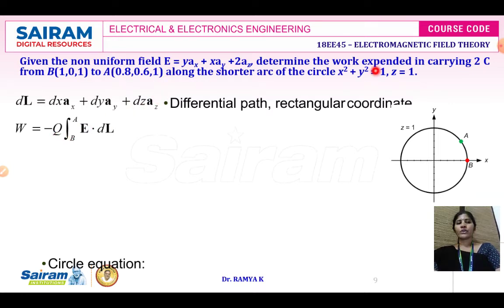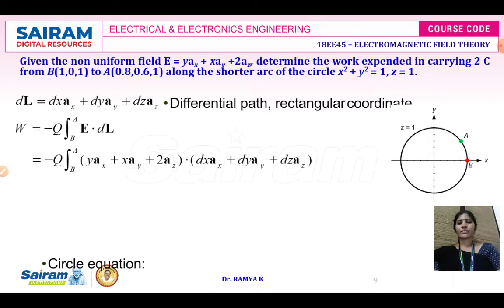The value of Q is 2 coulomb and the electric field intensity given in the problem is y aX + x aY + 2 aZ. When you substitute Q, the E value, and dl = dx aX + dy aY + dz aZ, it is a dot product.